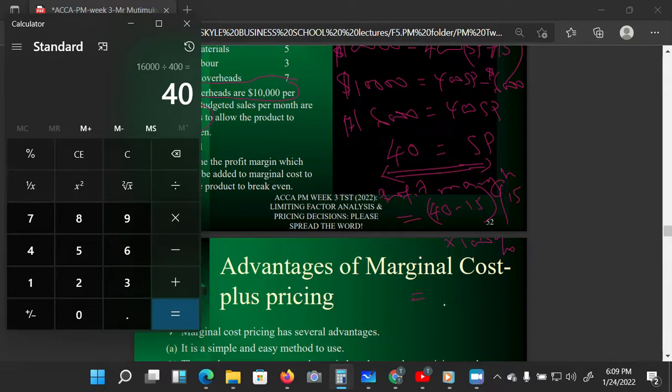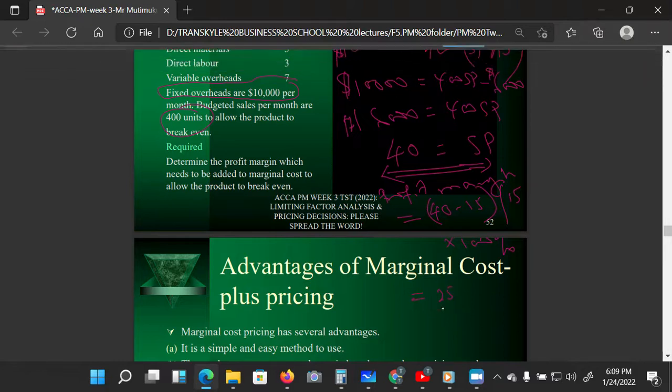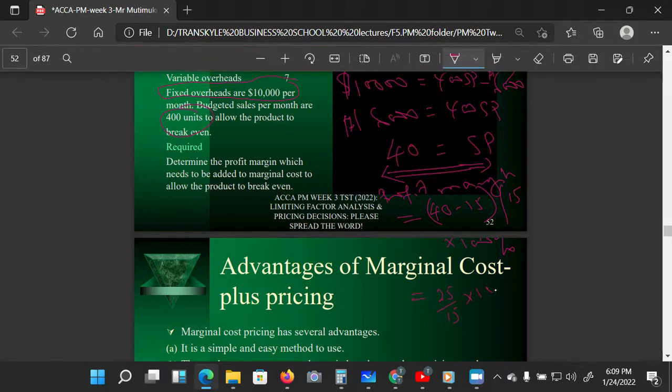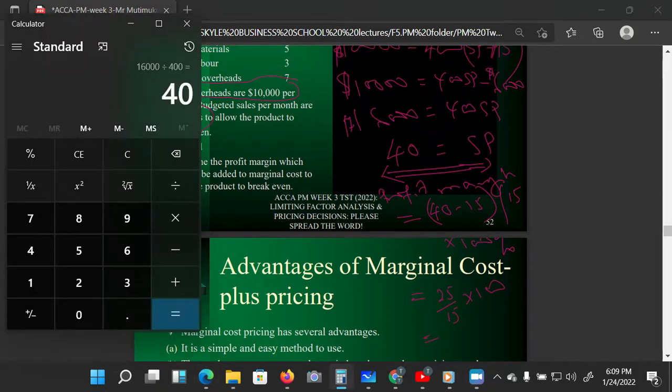So we get 25 over 15 multiplied by 100, and we use our calculator. 25 over 15 multiplied by 100.